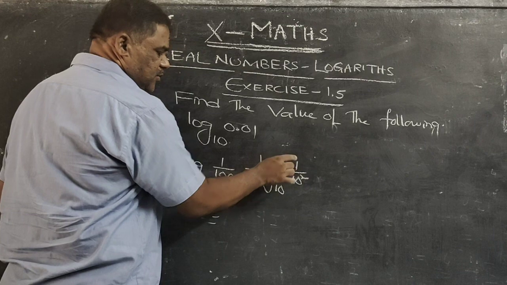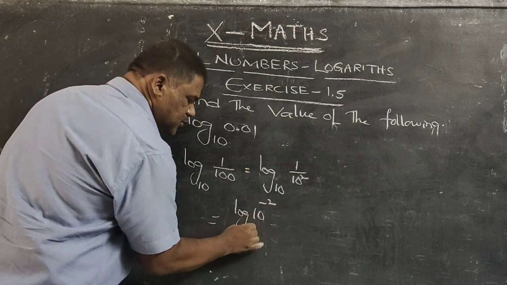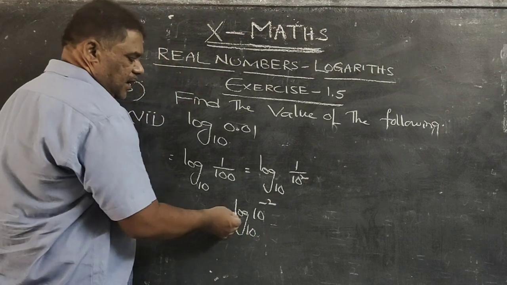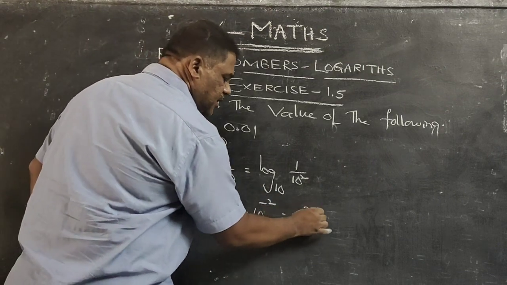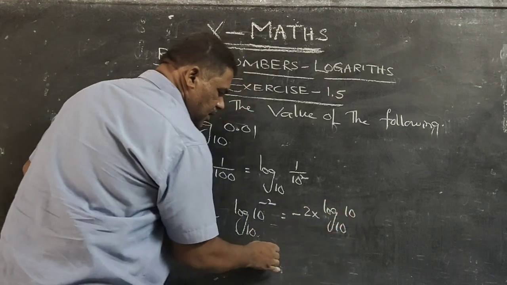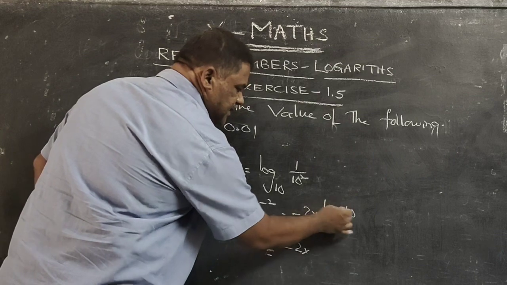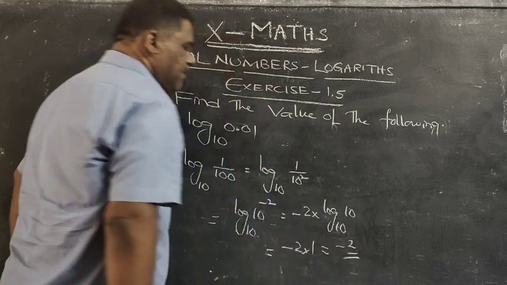This 1 by 10 square, if you write in the numerator, will become 10 to the power minus 2, base is 10. Logarithm of x to the power n, the power comes as a coefficient, minus 2 into log 10 base 10. Logarithm of a number with itself as the base is 1, so minus 2 into 1 is minus 2, answer.